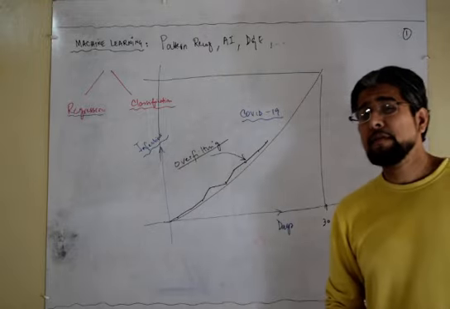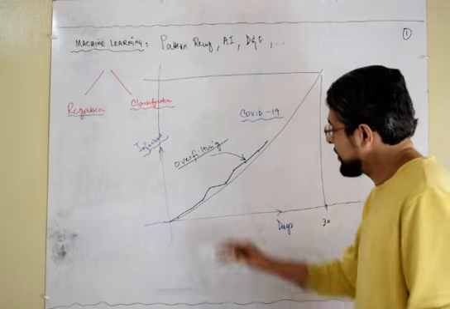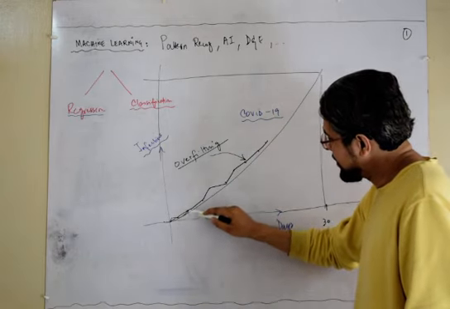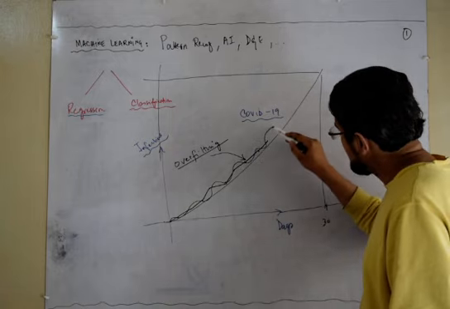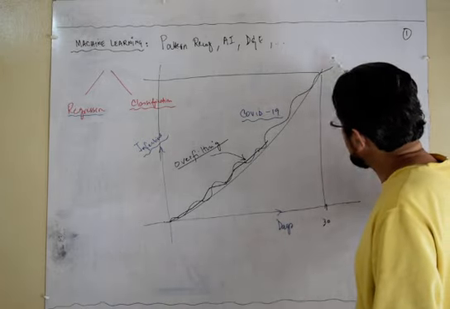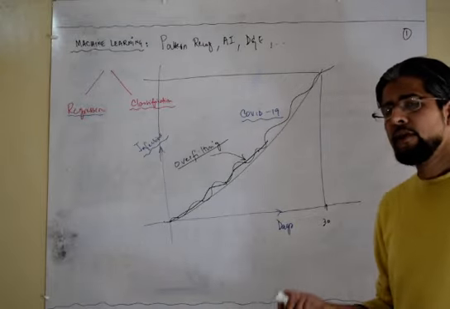You can even determine an equation of a curve that passes through all these points, but then it's going to go something like this. So that is called overfitting.